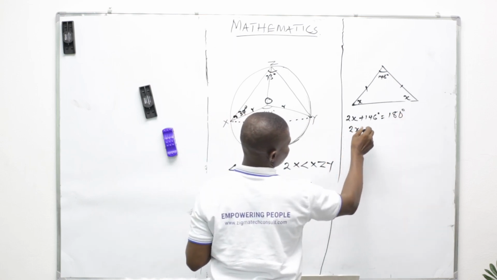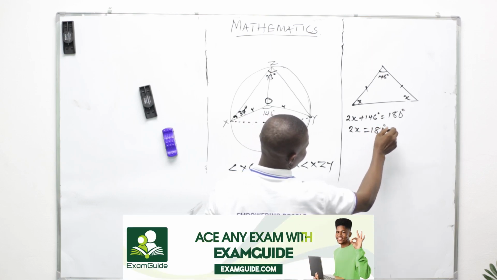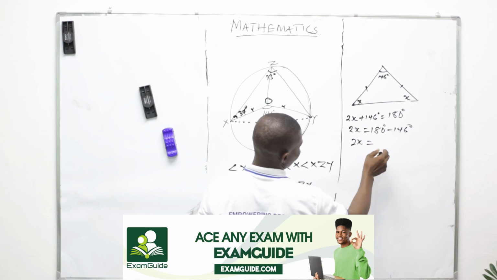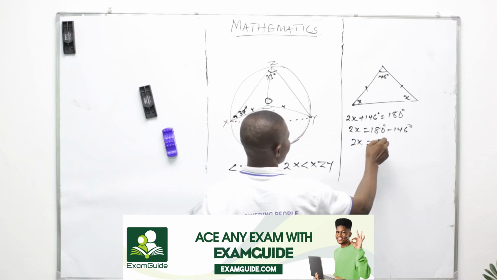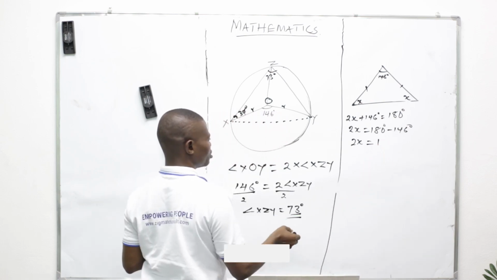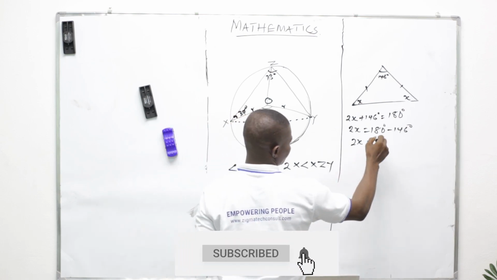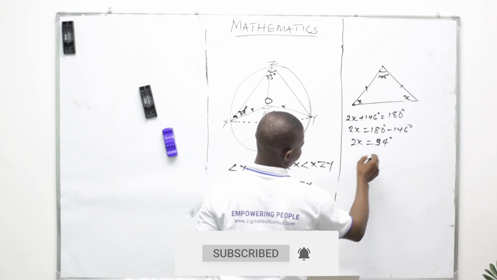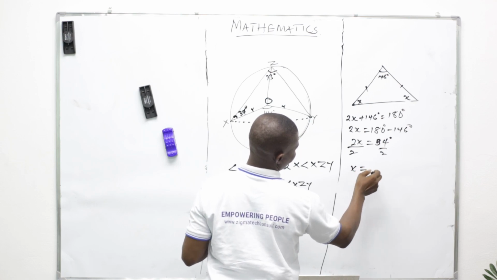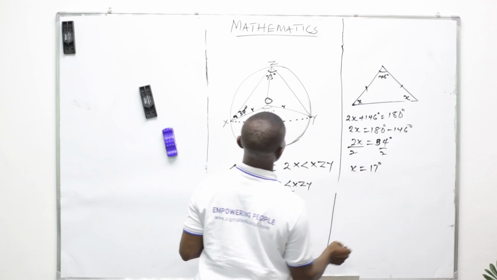So 2s equals 180 degrees minus 146 degrees. 2s now equals 34 degrees. So when you divide through, s equals 17 degrees.